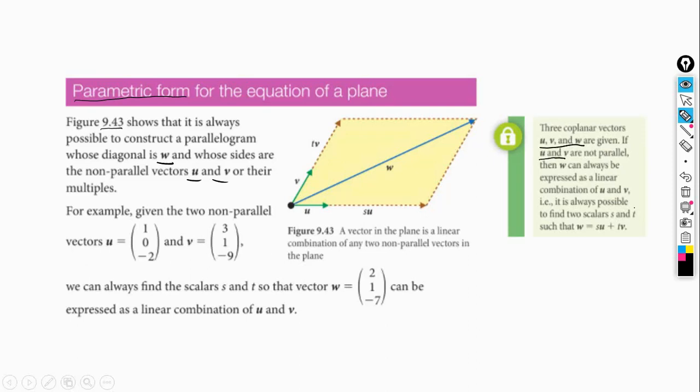If u and v are not parallel, very important, then w can always be expressed as a linear combination of u and v. It is always possible to find two scalars s and t such that w = su + tv, as you can see here. So this would be su, and this would be tv, and obviously their sum would equal w.